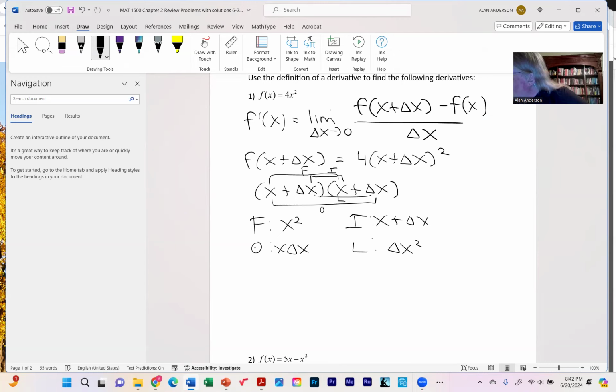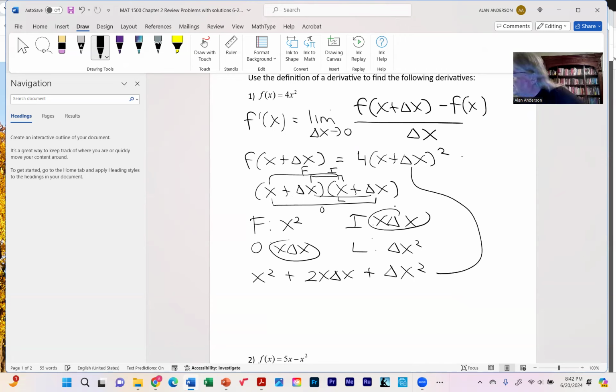So when you consolidate these terms, you'll see that, oh, what did I do? So this is x delta x, sorry. All right, so we've got x squared plus 2x delta x plus delta x squared. So the term in parentheses, x plus delta x squared, is equal to this.